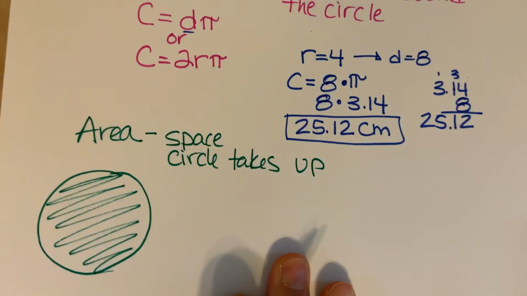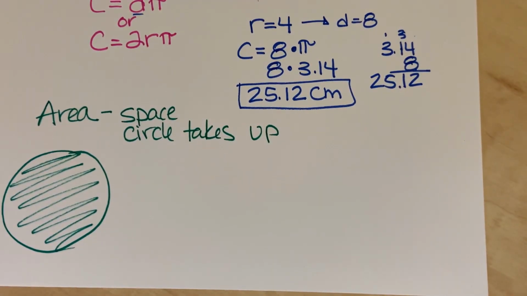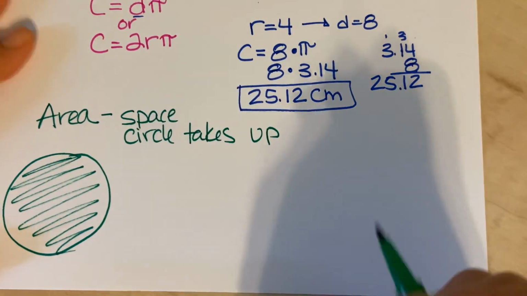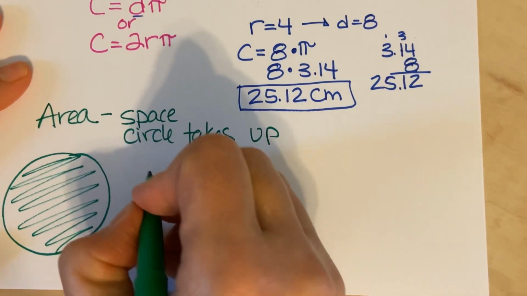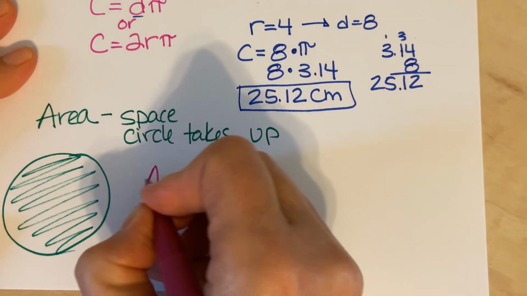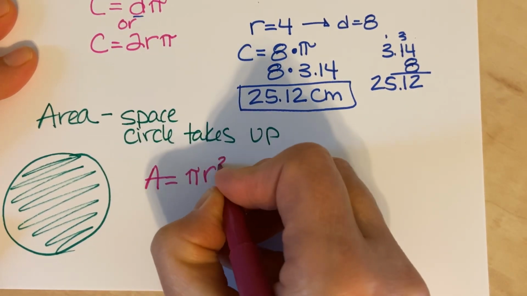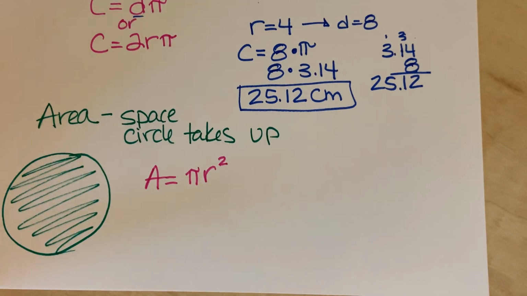Okay, for a circle, you have to know the radius or you have to know something about the circle. So the formula for area is always going to be pi times your radius to the 2nd power, okay? Now, sometimes you're going to be given the diameter and you're going to have to figure out the radius. Sometimes you're going to be given the radius.